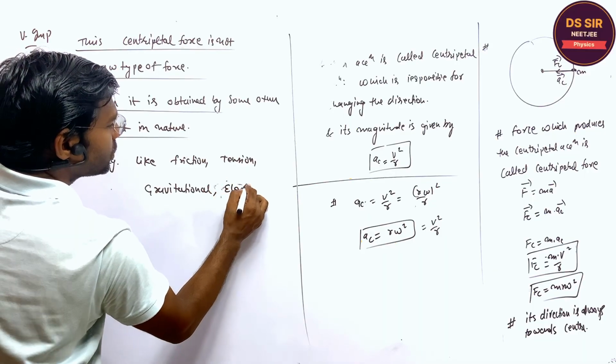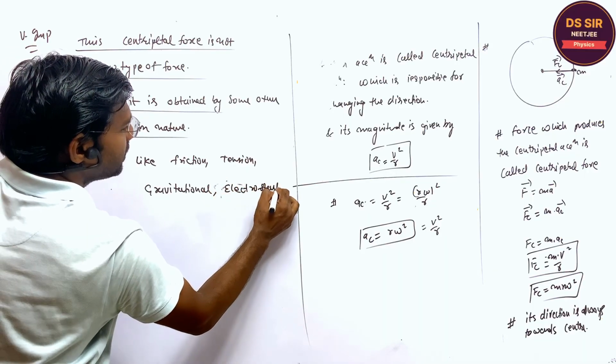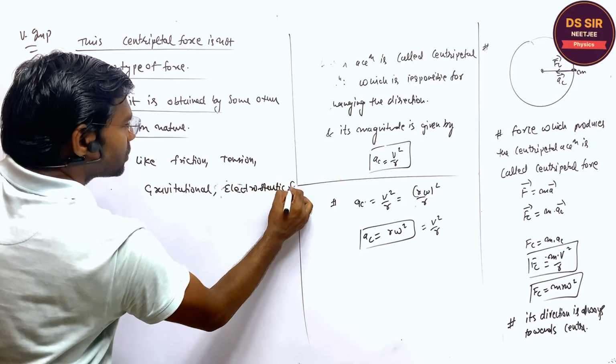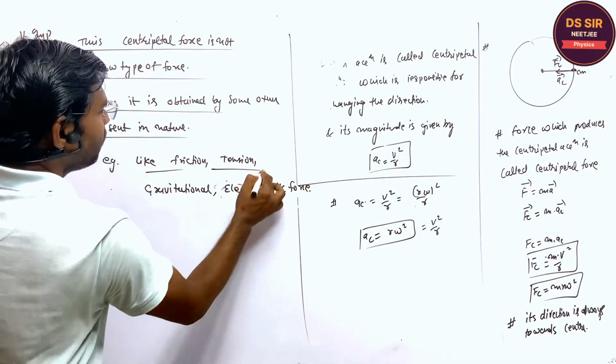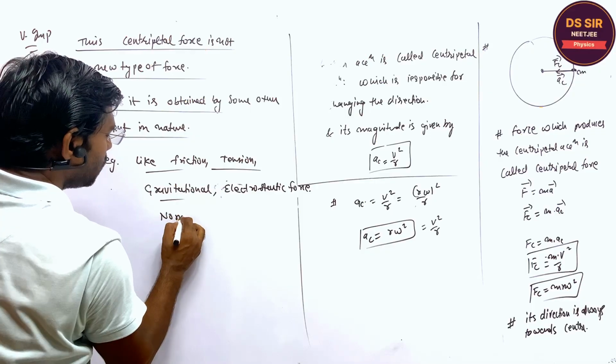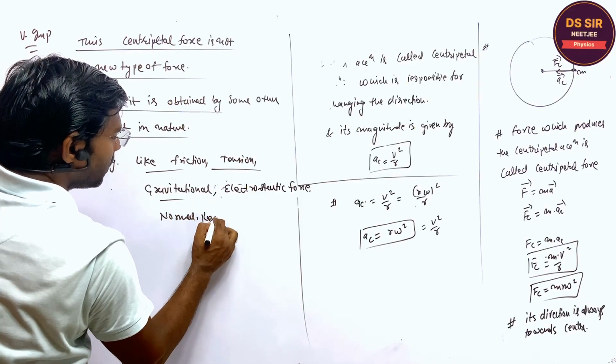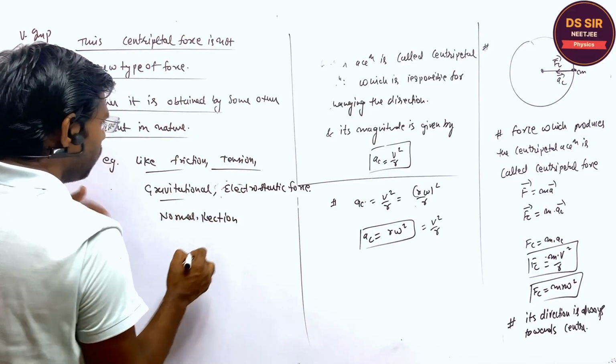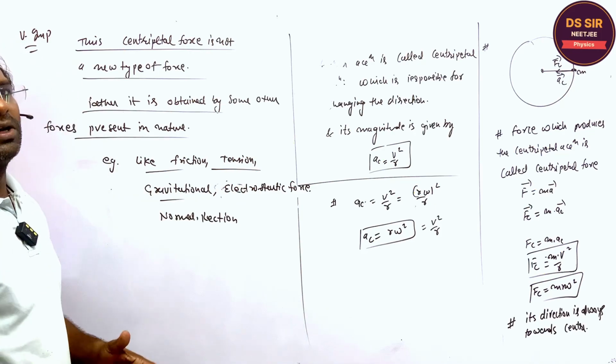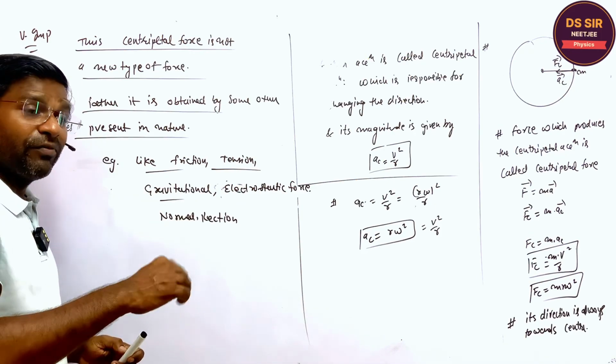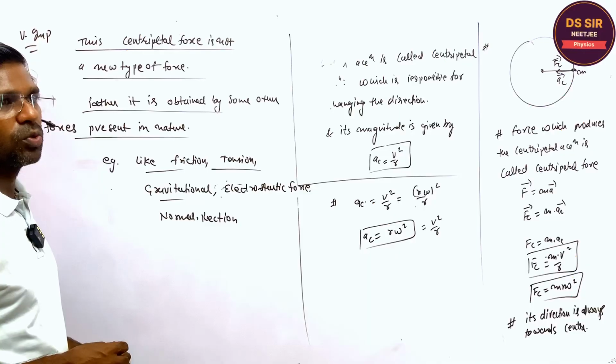In class 12th we will discuss the magnetostatic force, right? So these are the forces, sometimes the normal reaction. These forces provide the centripetal force when the particle is moving in circular motion.